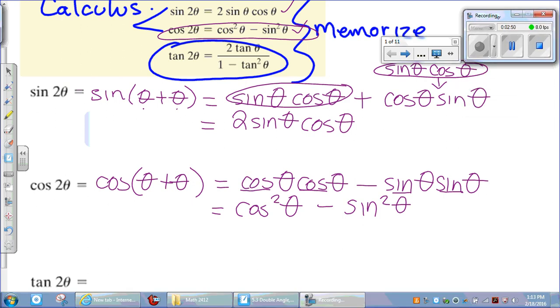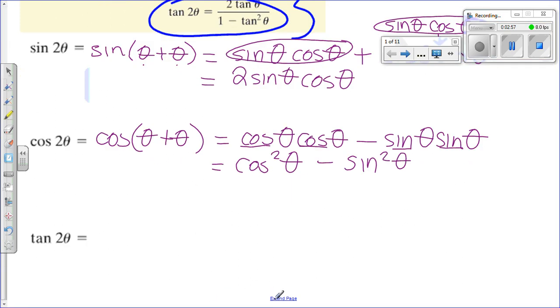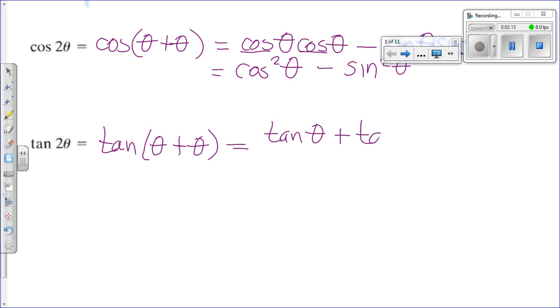Now, the one for tangent, I'm going to need your help, guys, with this one. So what is it again? It's tangent theta plus tangent theta, over 1 minus tangent theta times tangent theta.